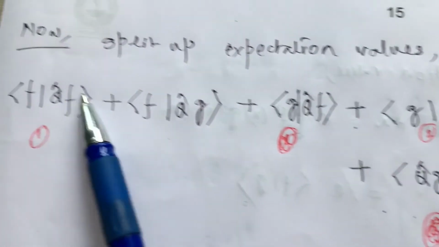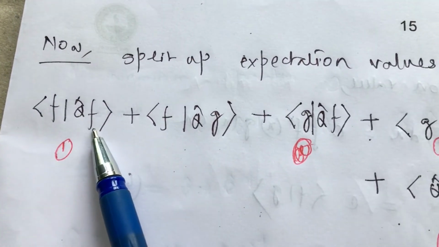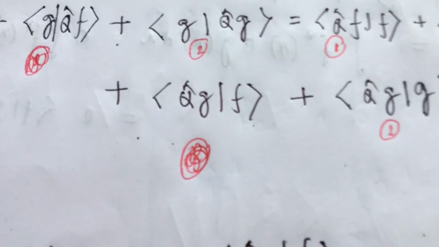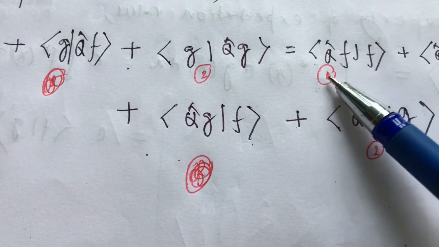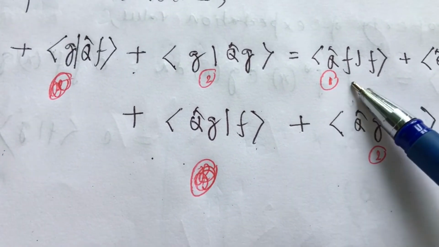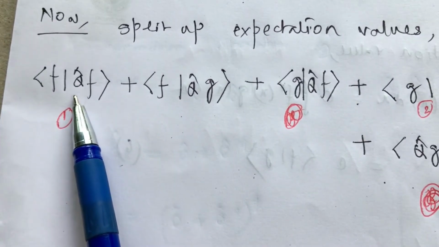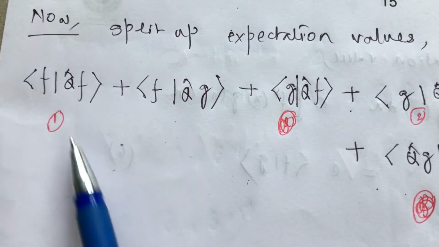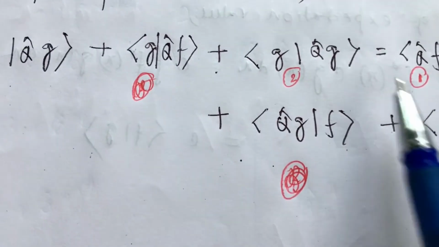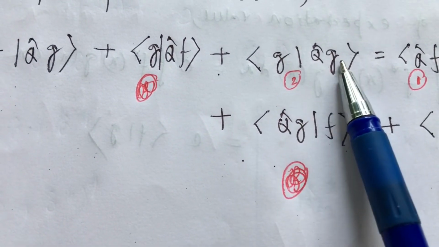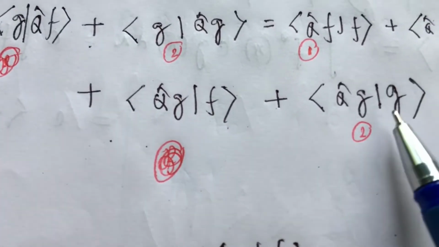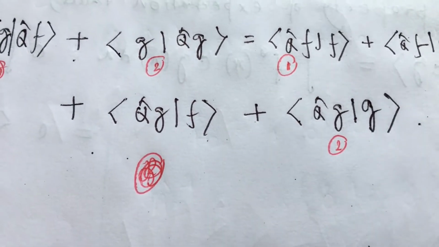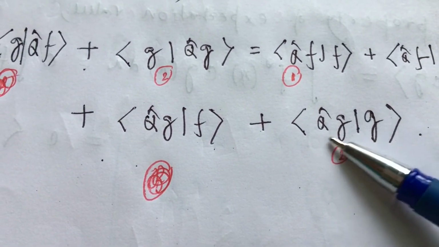So fQf must be equal to Qff, so I can cancel Qff, the first term on the right hand side, with the first term on the left hand side. Similarly, the fourth term on the left hand side, gQg, is cancelled with the fourth term on the right hand side, which is Qgg.